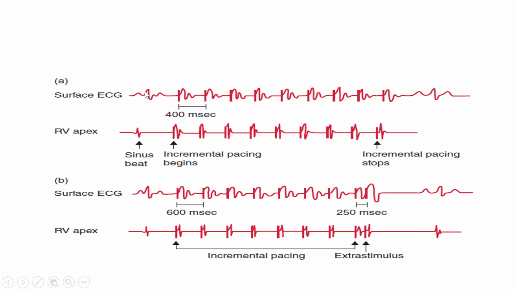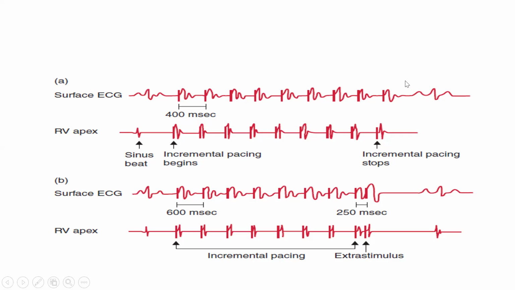Before you start pacing, this patient already has his own basic cycle length, that means his PP interval, the interval between the P waves. When you started pacing, we suppressed the SA node, and the SA node recovered after we stopped pacing, so we were able to get the sinus node recovery time.